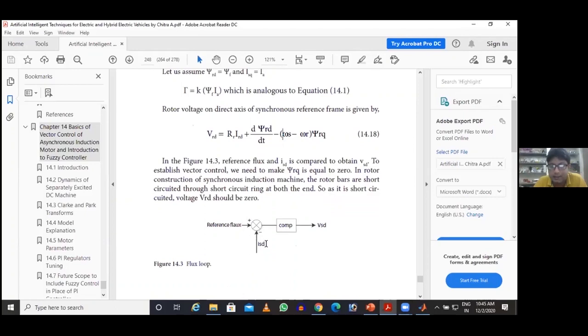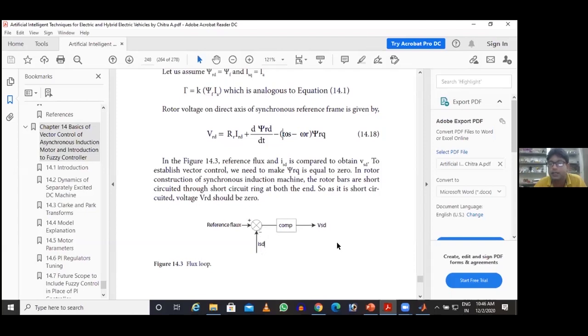And this ISD will be coming from another computational block, where we are taking the three-phase current and converting to two-phase current, as I told earlier, the Park and Clark transform. From there, the ISD is getting compared and an error signal is generated, which goes through a compensator.